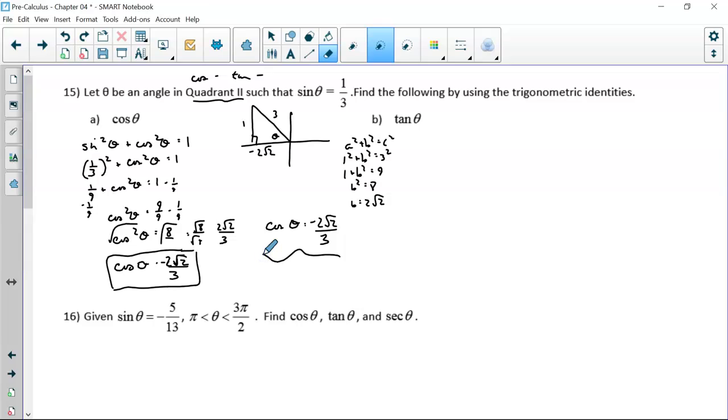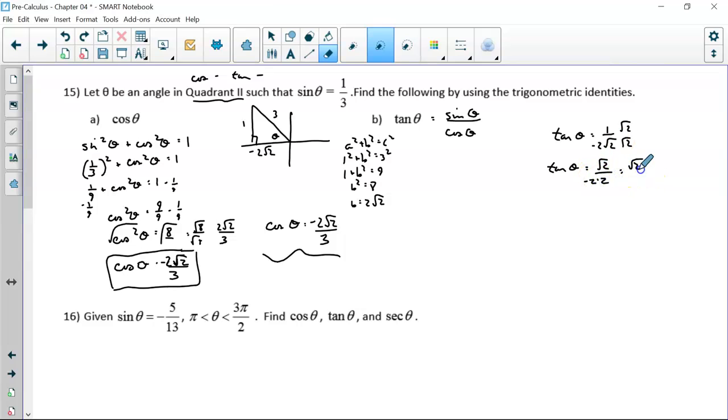And then you could do tangent. You could either do the sine of theta over the cosine of theta, or if you drew the triangle, you could just look, all right, my tangent of theta is going to be the opposite over adjacent. It's going to be 1 over negative 2 root 2. So the tangent of theta is going to equal, so rationalize it, root 2 over negative 2 times 2.